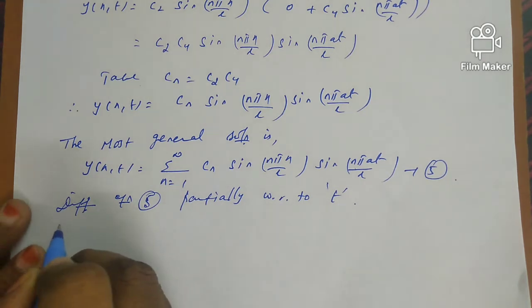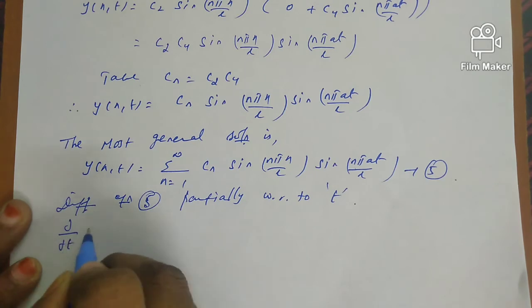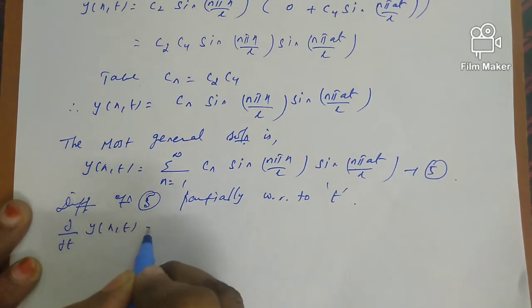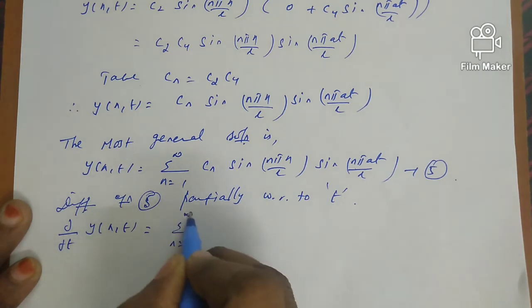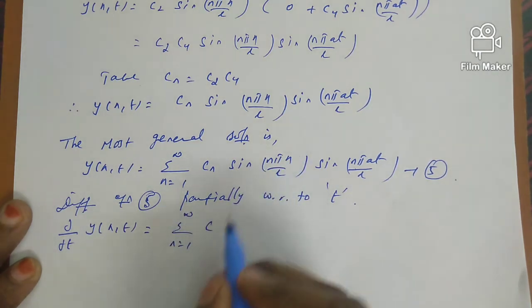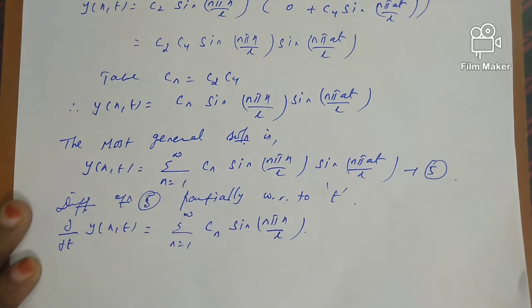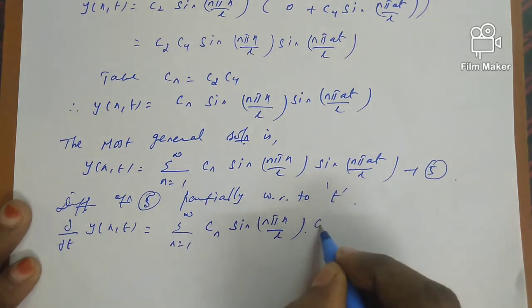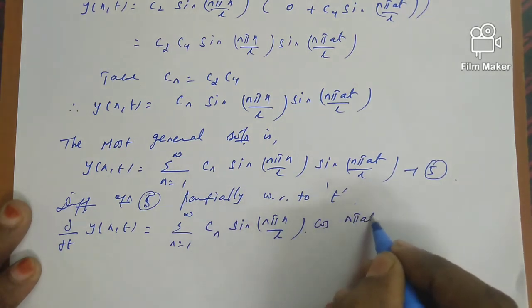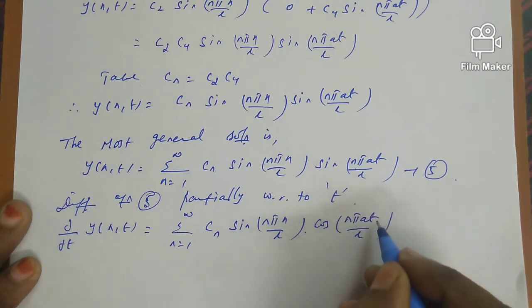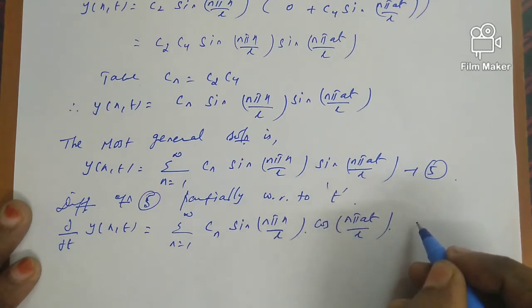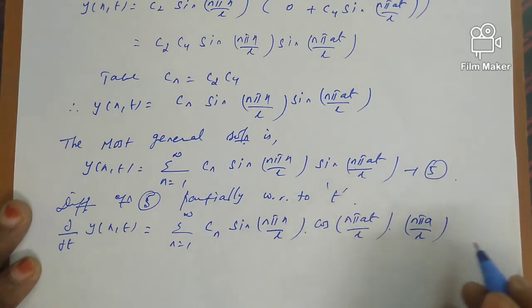So what is our left hand side? Dou by dou t of y of x comma t equal to sigma n equal to 1 to infinity. Here the first term has no t, so we can write it as it is, Cn sin n pi x by L into the differentiation of sin, which is cos n pi at by L into n pi a divided by L, because it is the derivative with respect to t.